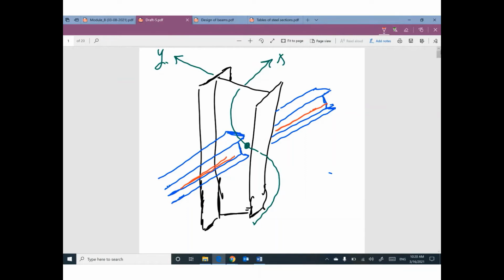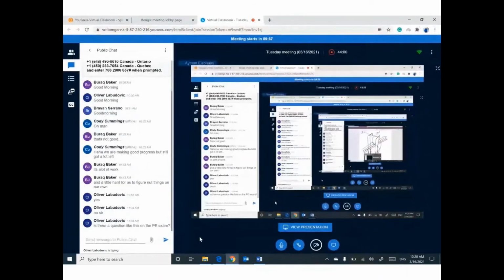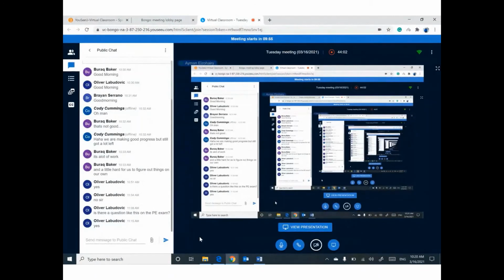But if this column would like to buckle in the other direction, it will buckle like this, because we don't have anything in this direction or this direction. That makes sense? Guys, did you get this point? Yes. Yeah.